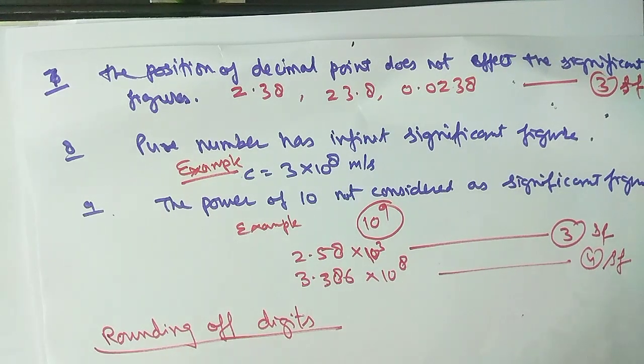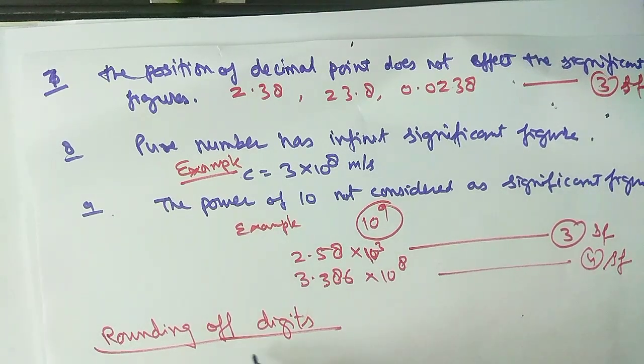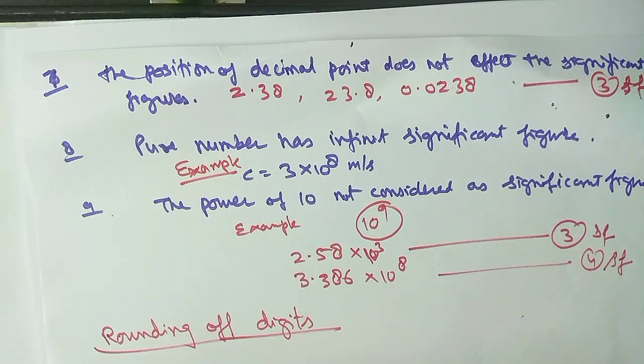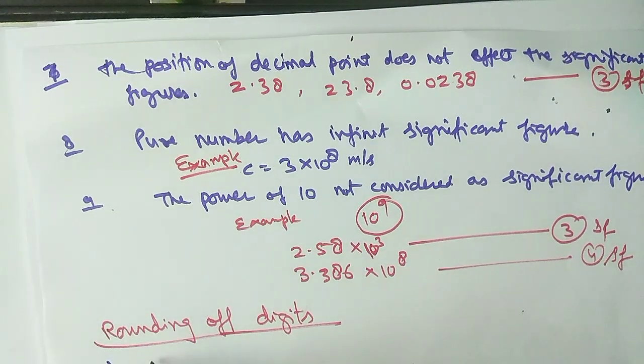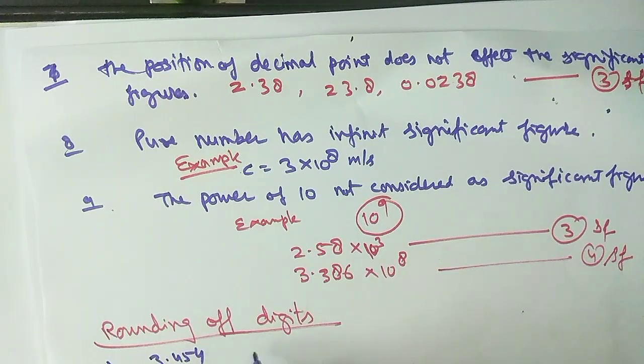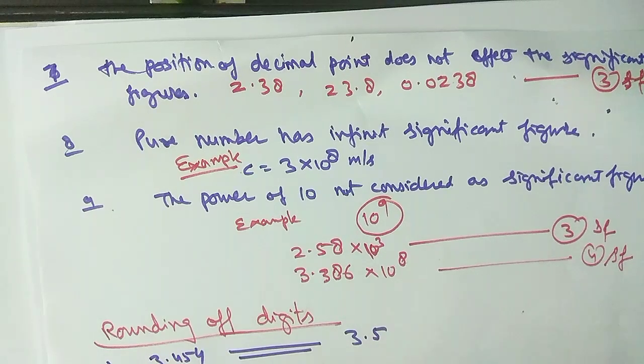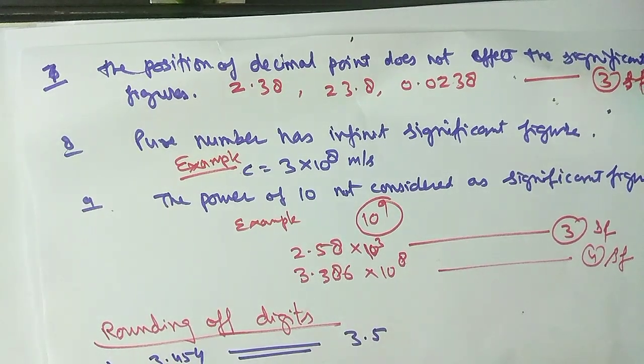Just taking some examples so it's very clear to all of you. Suppose 3.45; after rounding off you can say it is 3.5.